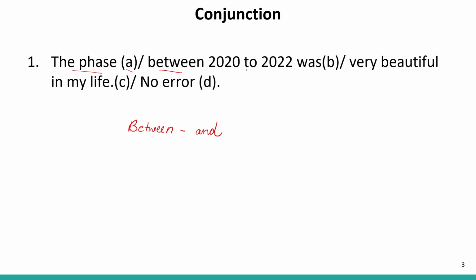Here we have between and to in pair, which is incorrect. So here to should be replaced with and. So the correct sentence will be, the phase between 2020 and 2022 was very beautiful in my life. Therefore, B is our answer. This part contains the error. So your answer is B.